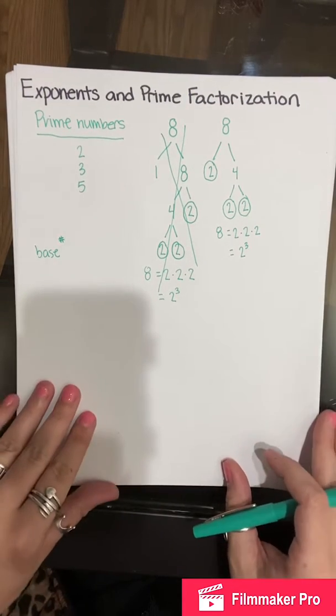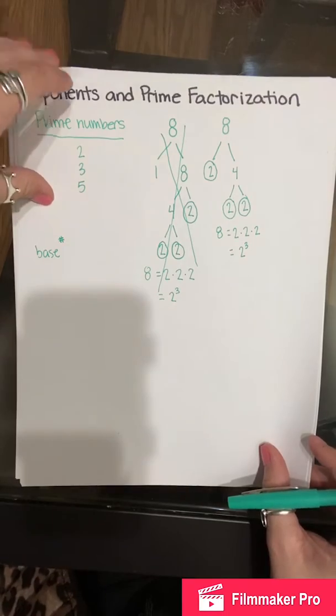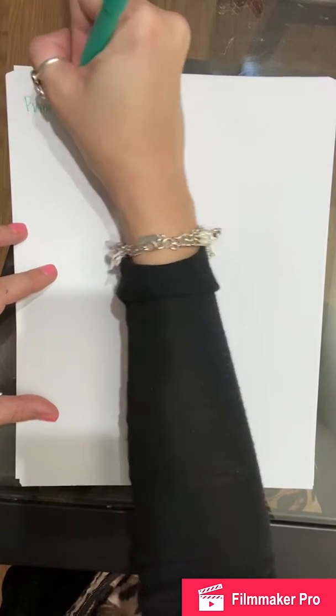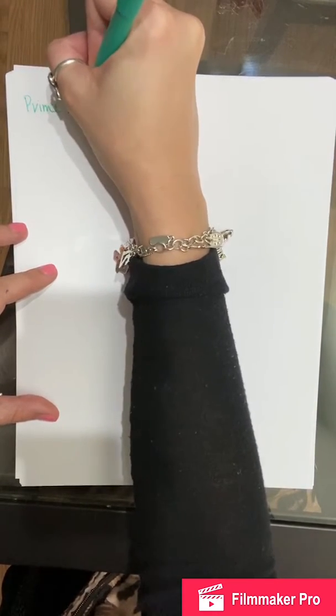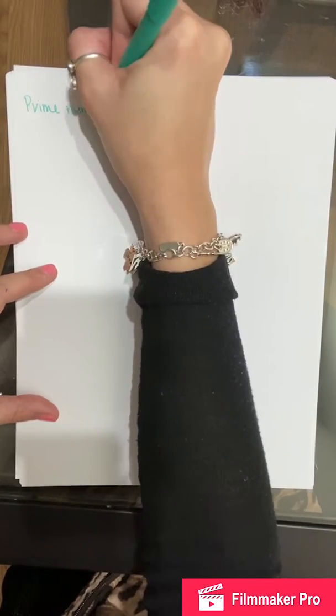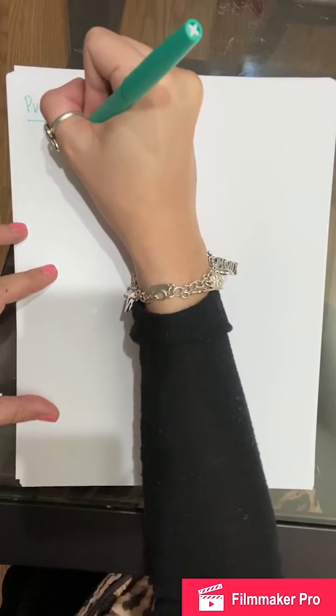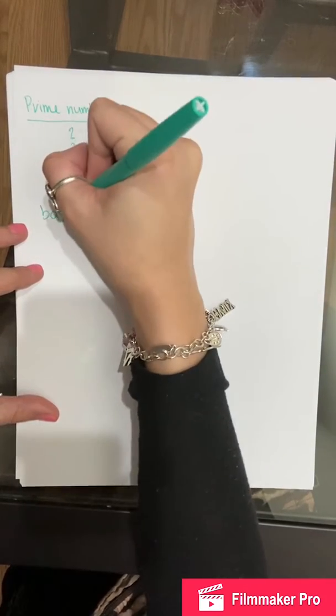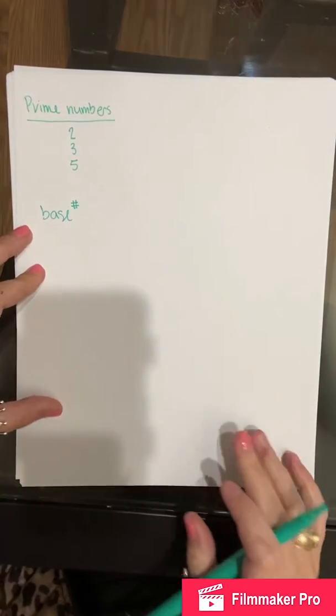Okay, so let's practice a little bit, and I'll put our notes on the next page. So we'll put our prime numbers again. And our reminder of base to number.